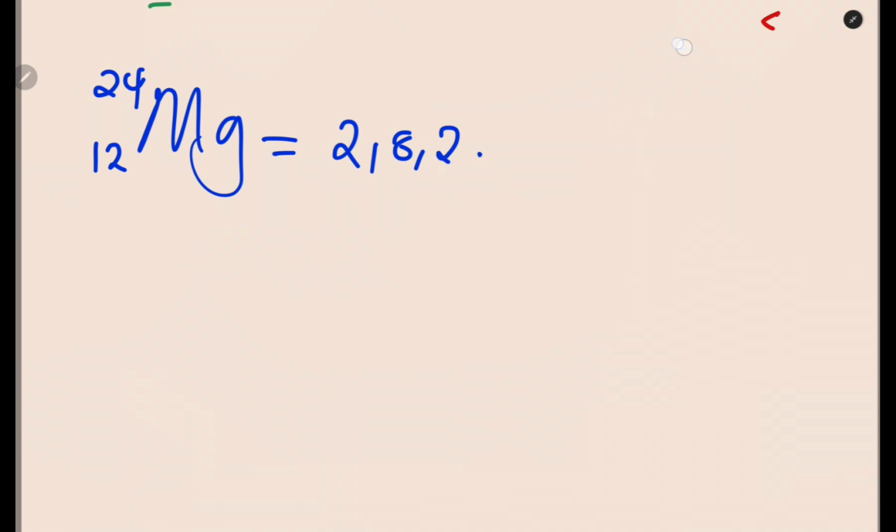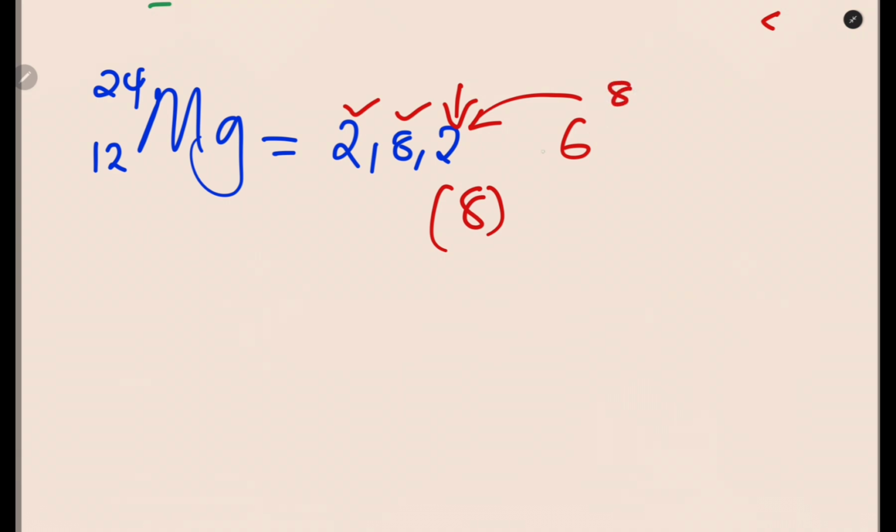Now look at this. The first shell is stable, the second is stable, but the third one is not stable because the required number of electrons is 8 and we only have 2, a shortage of 6. So now, is it going to be gaining 6 to make 8 or losing 2? Which one is easy?